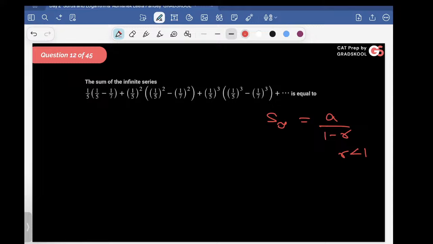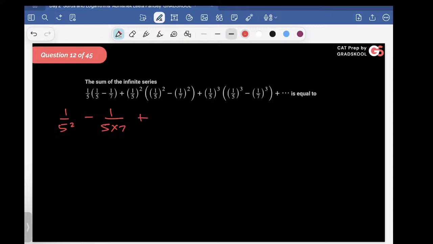Come on, let's solve this. So here you know what is happening. If I try to open the brackets, in the first bracket I'll get 1 by 5 square minus 1 by 5 into 7.